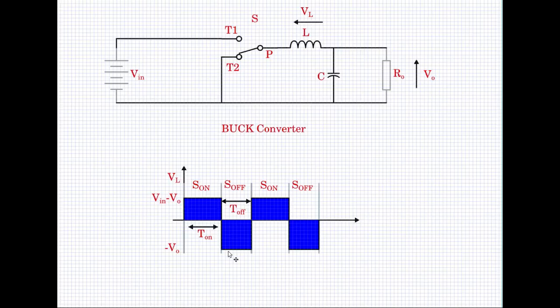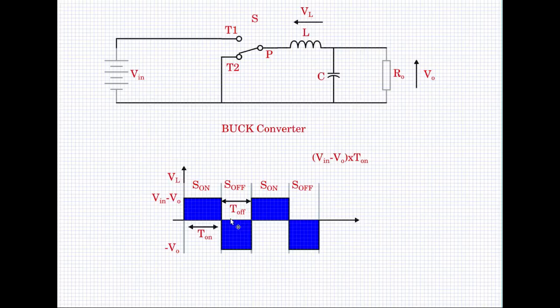Now let us apply the volt second balance to these parameters. Now consider this part, the equation Vin minus V naught into T on. This is basically the area of this rectangle, this height into this width, or the volt second of the positive part of the inductance waveform.